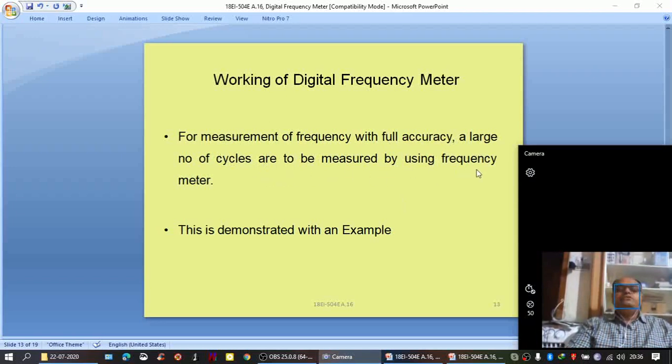The more the number of cycles that are counted, the better would be the accuracy of measurement. This is possible when the gating pulse width is high. Let us see an example justifying this statement.